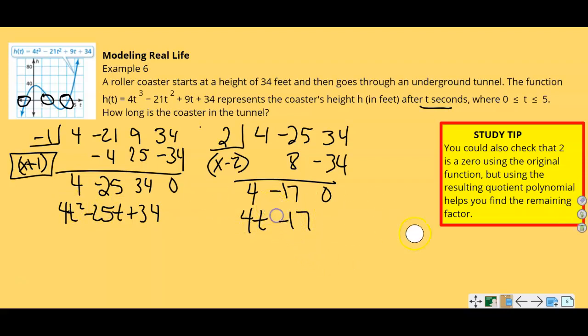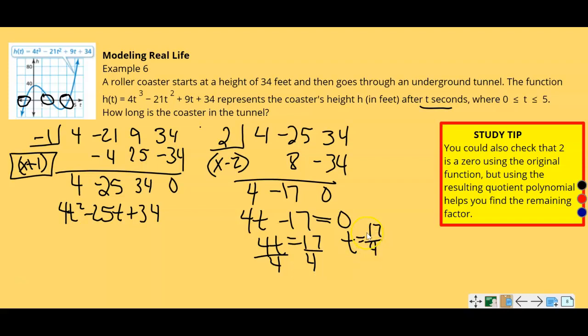So it's just 4t minus 17. Getting ahead of myself. All right, so if I have that and I set it equal to 0, I can add 17. 4t equals 17. Divide by 4. So t equals 17 over 4.